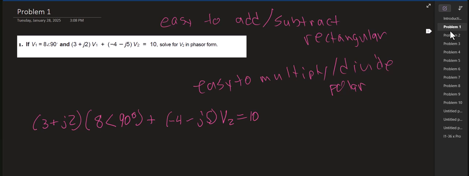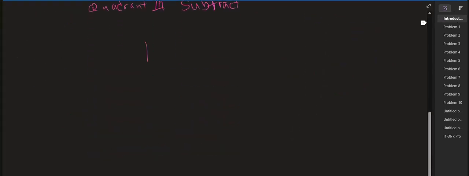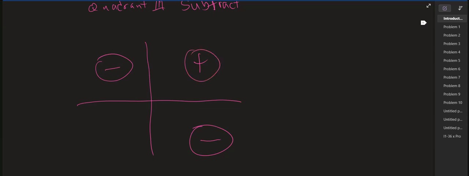So for quadrant 2, you said add 180. Yes. And then what's the other quadrant? Quadrant 3, you would subtract 180. Because the tangent is negative in this quadrant and this quadrant, and positive in this quadrant and this quadrant.